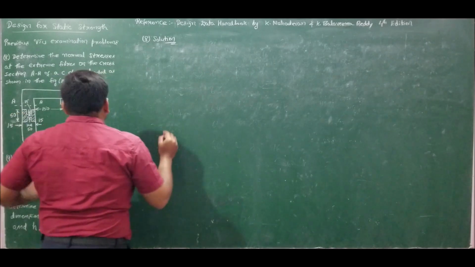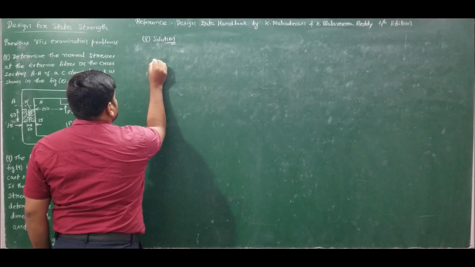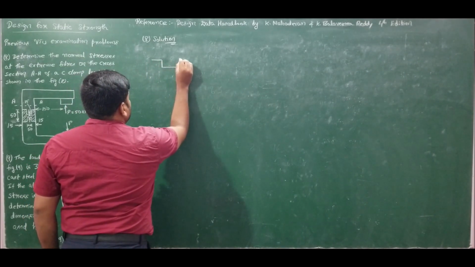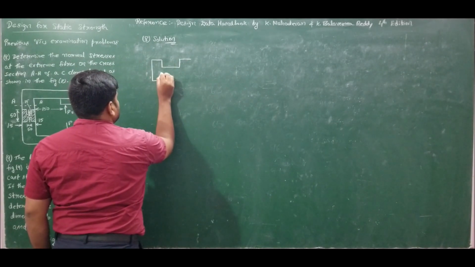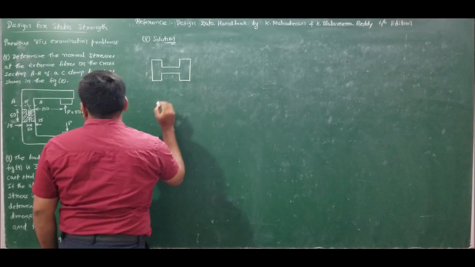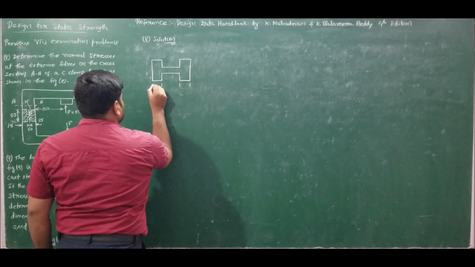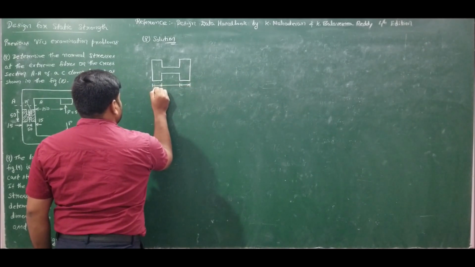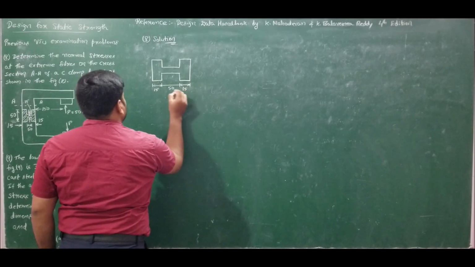Let me redraw the section AA, which is an I section given to us. The I section is like this. We know the dimensions, which are specified as 15 mm, 15 mm and 50 mm. This is 15, this is 50, and again this is 15.